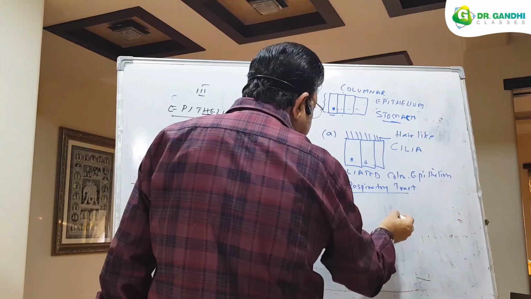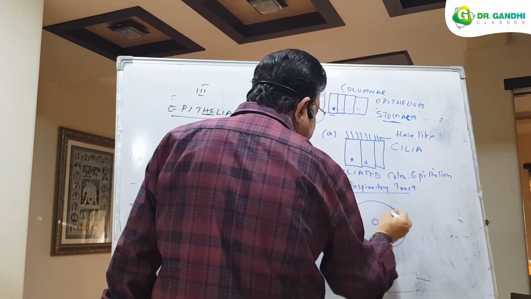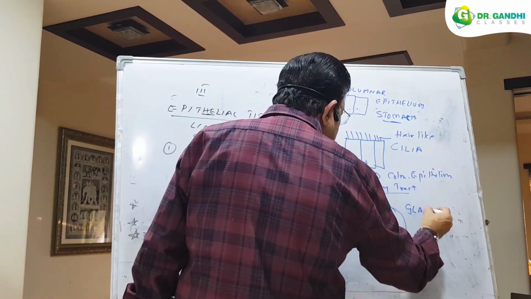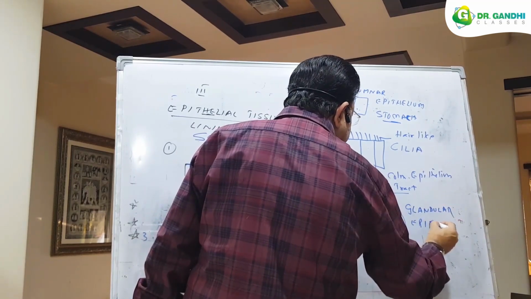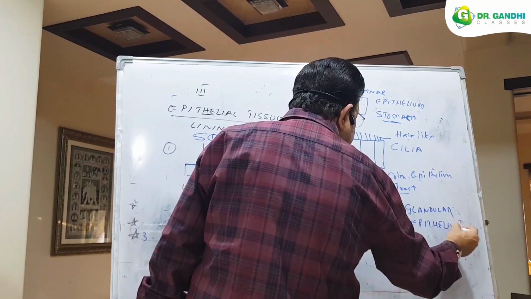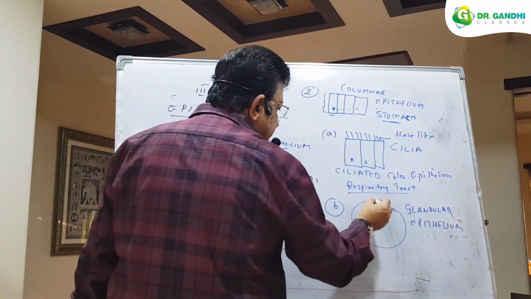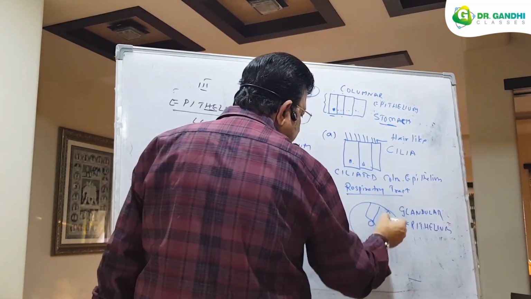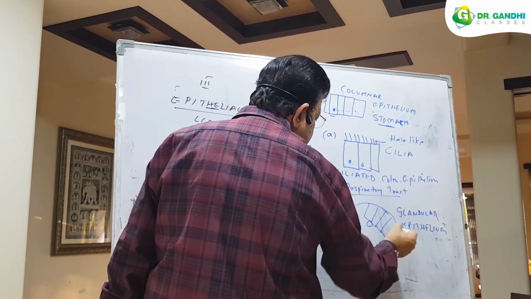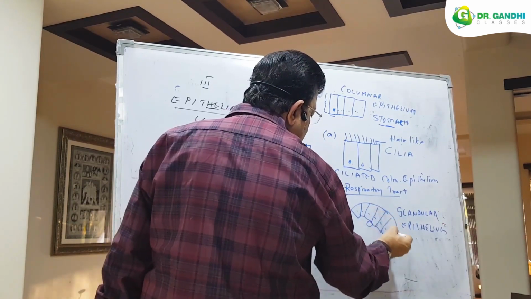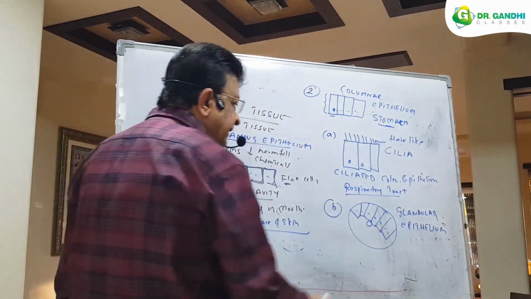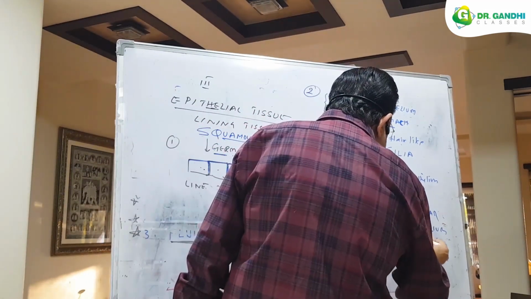The columnar epithelium also lines glands, hence called glandular epithelium. For example, your salivary glands are lined by columnar epithelium. What is the function?